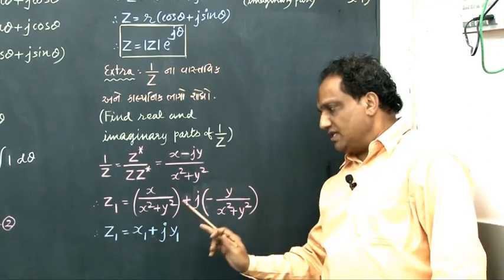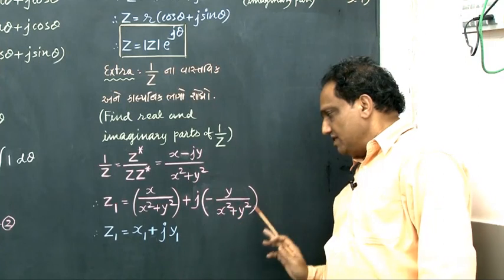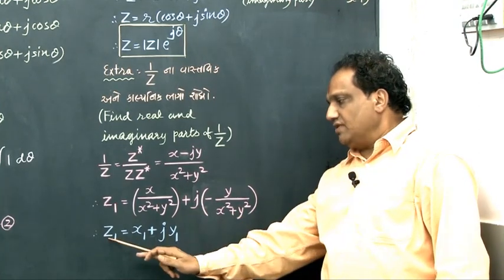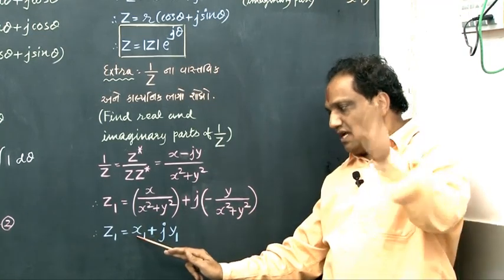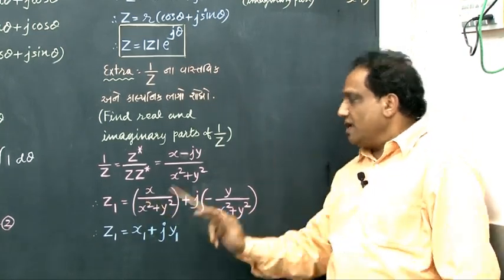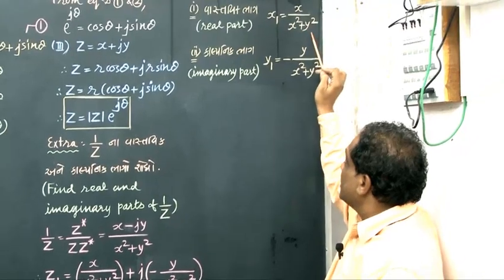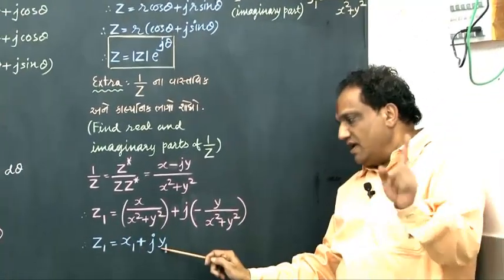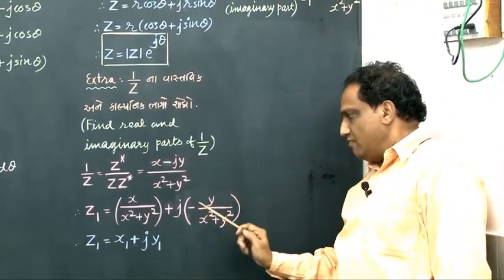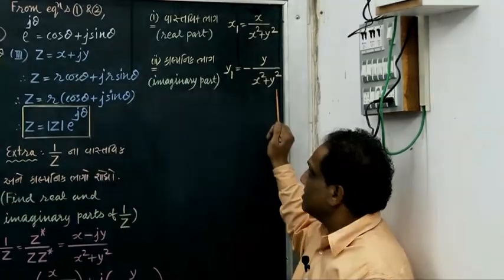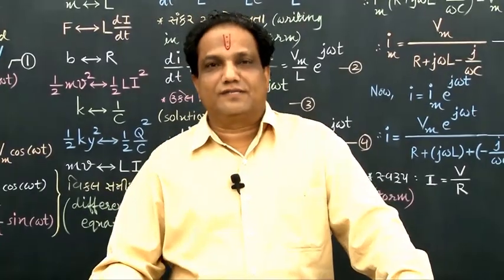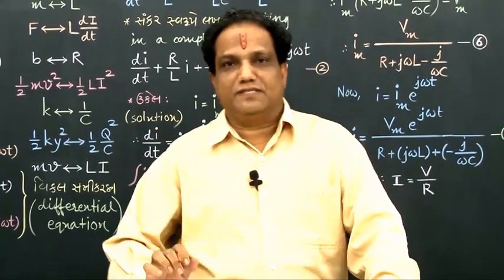So z1 equals x1 plus jy1, where x1 is the real part, x upon x square plus y square, and y1 is the imaginary part, minus y upon x square plus y square. Come on my dears, let us proceed further in chapter number 2.